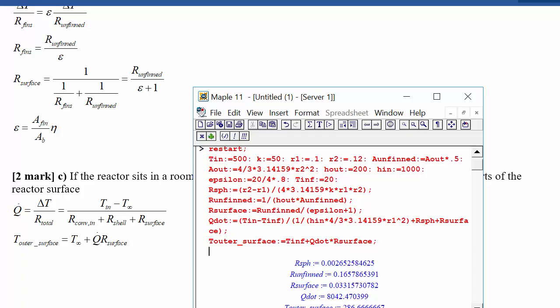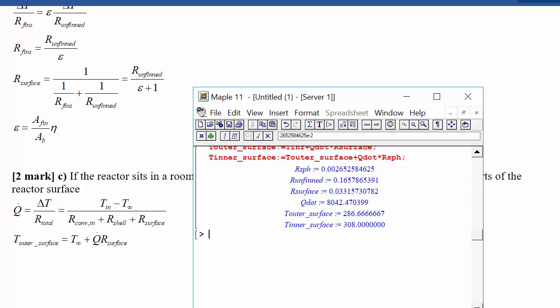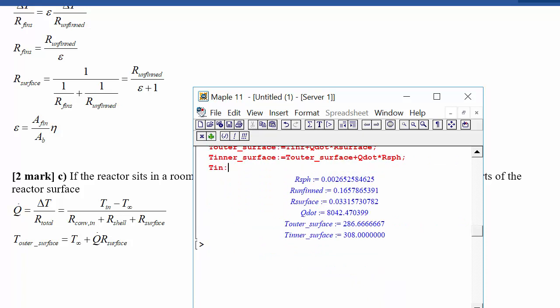If we wanted to know the inner surface temperature now, we could step a little bit further. We could say it's the outer surface temperature plus Q dot times our sphere. And then we could go further than that. We could say T in check maybe.